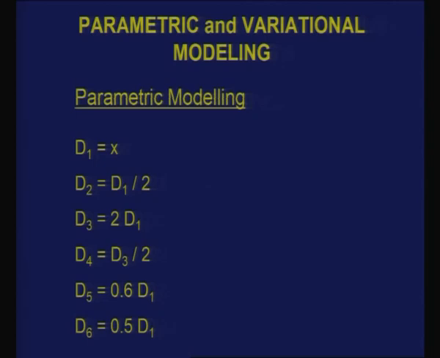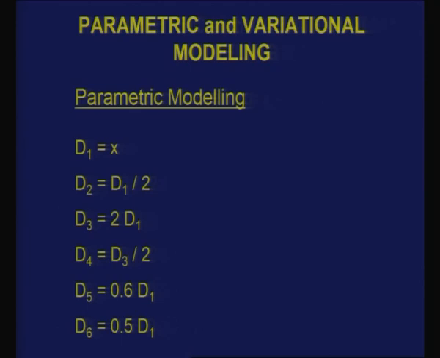Then d3, the length of the object, is twice the width, so d3 is 2 times d1. And d4, the second parameter which defines the center of the hole, is half of the length. So, d4 is equal to d3 by 2.